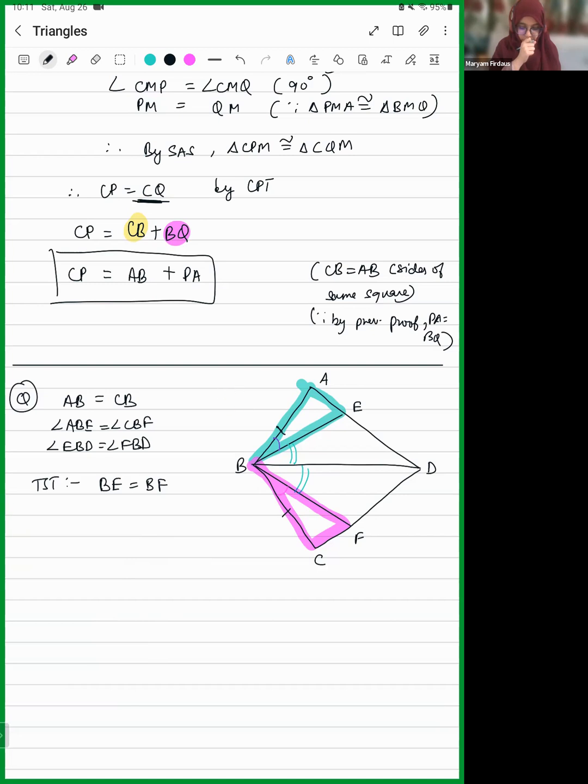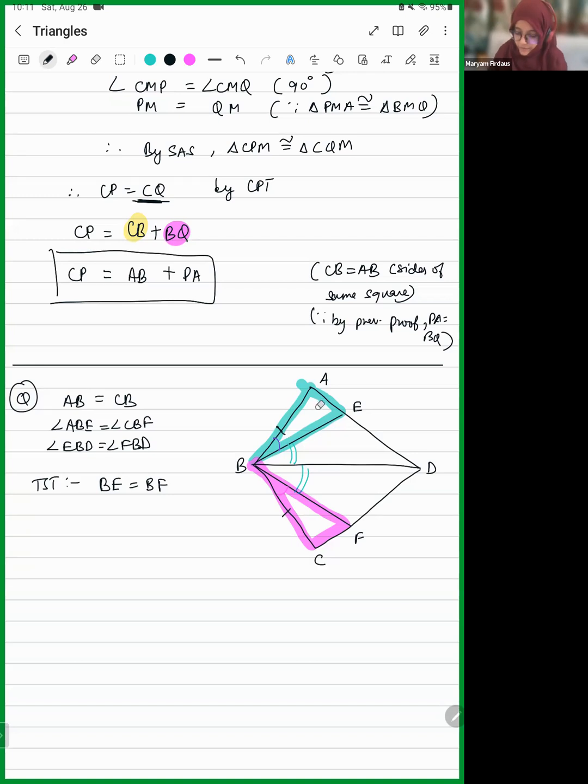D is bisecting angle B, right? D is bisecting angle B, yes. Imagine that. So we have an issue here.